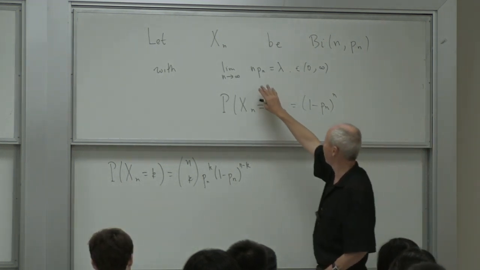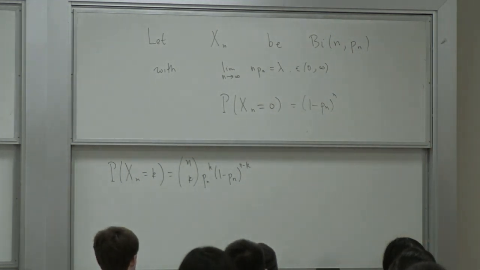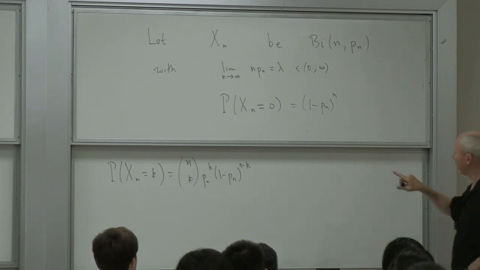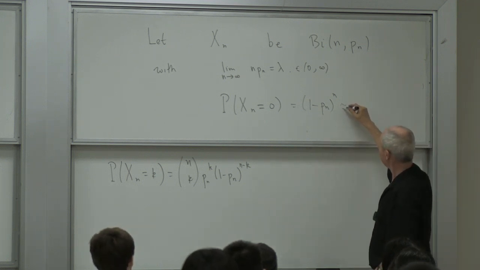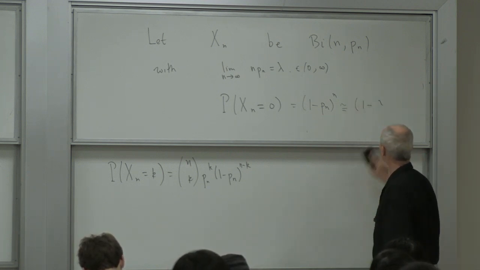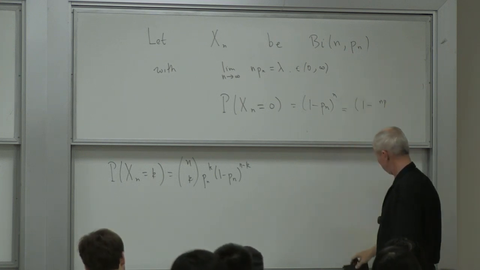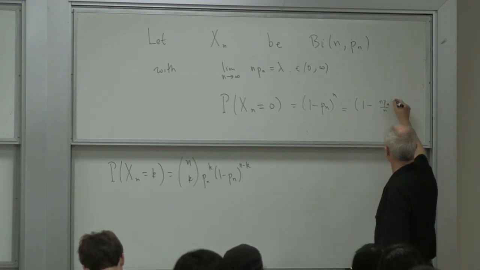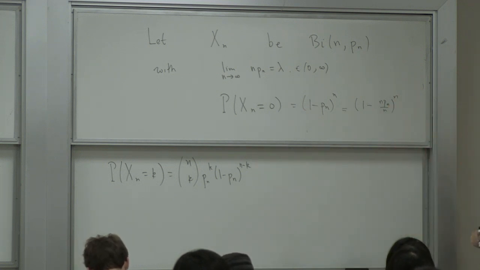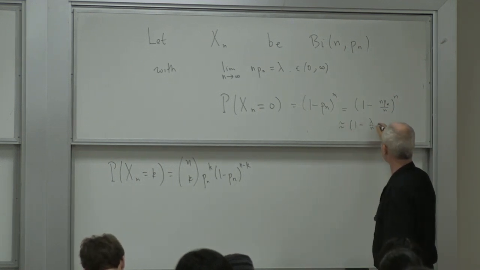In other words, Pn is lambda over n. And then this would be approximately equal to 1 minus lambda over n to the n.